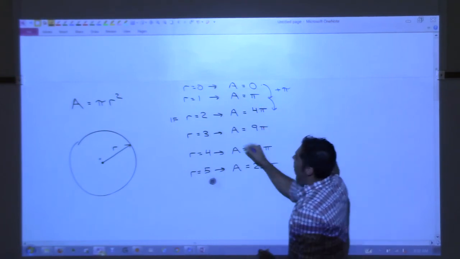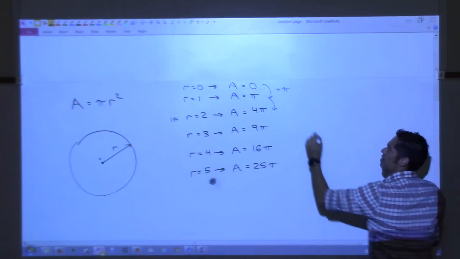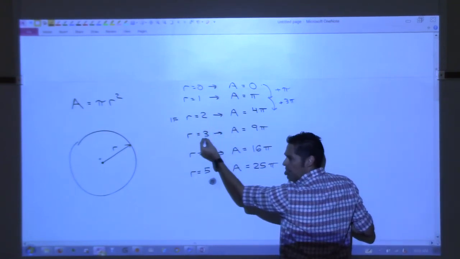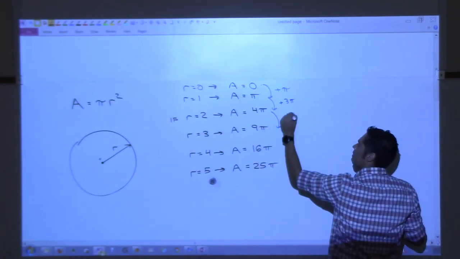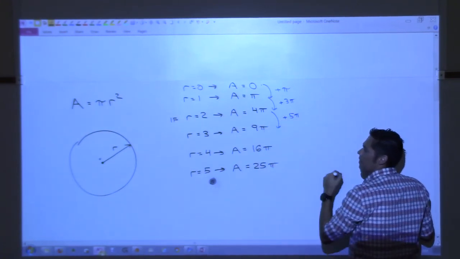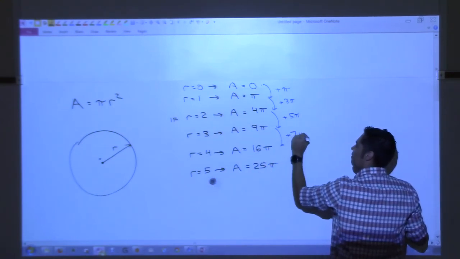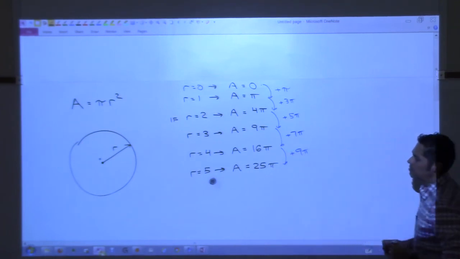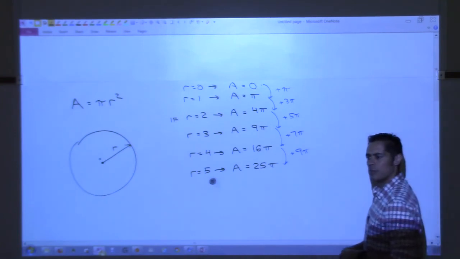My radius goes up by 1, but my area goes up by how much? 3 pi this time. And then my radius goes up by 1 again, and my area this time goes up by 5 pi. And then the radius goes up by 1, but this time the area goes up by 7 pi. And next time, 9 pi. There's kind of a pattern to this, right? Looks like it's going up by odds.